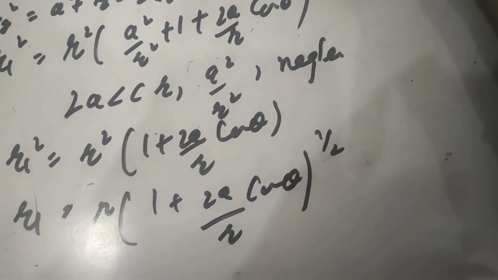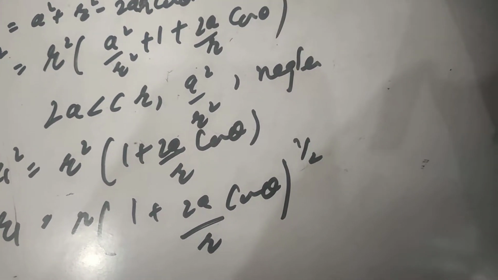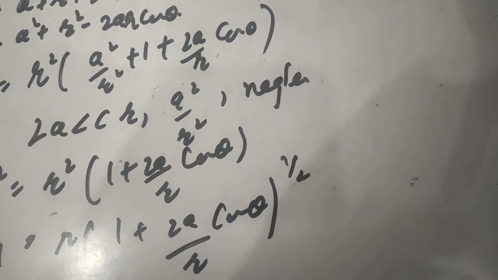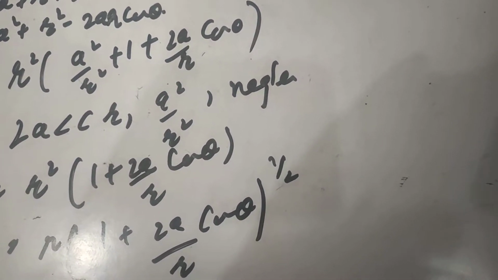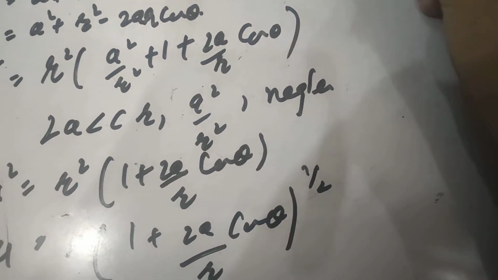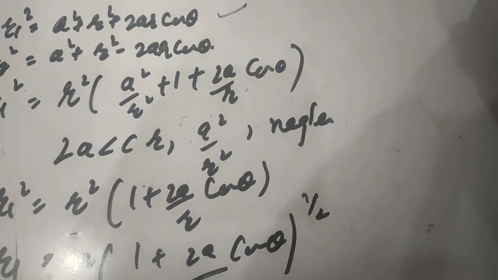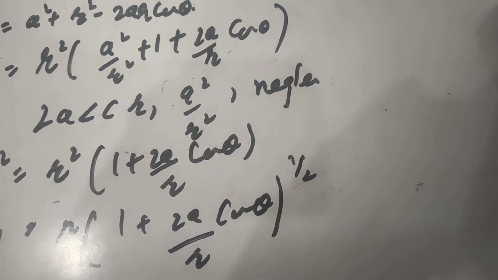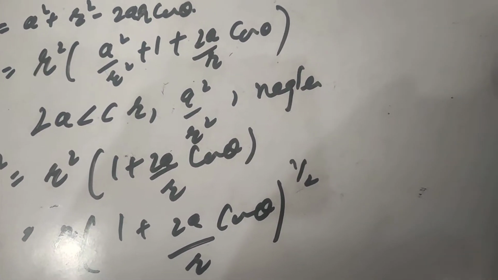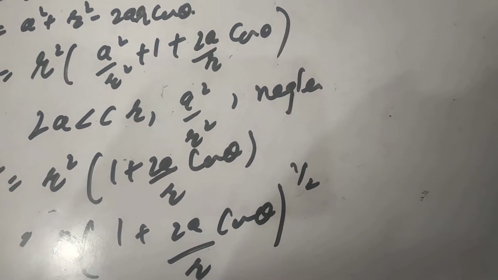Similarly, r2 can be written as r (1 minus 2a by r cos theta) raised to power 1 by 2.